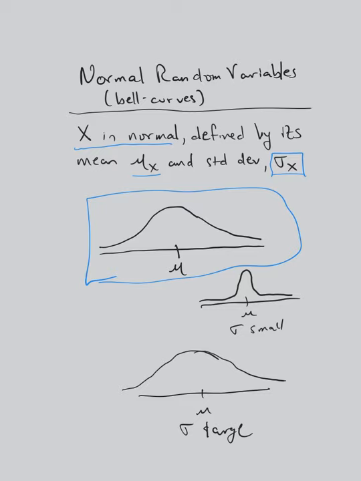You have to look at it carefully, but there's an inflection point on that PDF right there, and that's always at the standard deviation. So the point of inflection happens at a one standard deviation range.